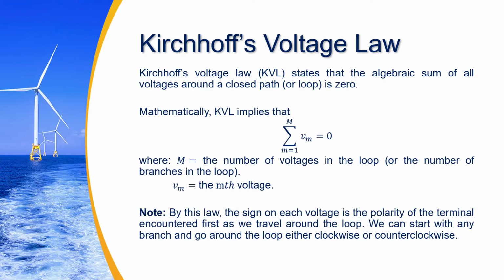Ganyan din dito sa KVL. Kung ang clockwise nyo ay magbibigay ng negative na sign sa bawat voltages o branches natin, ang counterclockwise naman ang magbibigay ng positive. Depende sa inyo.